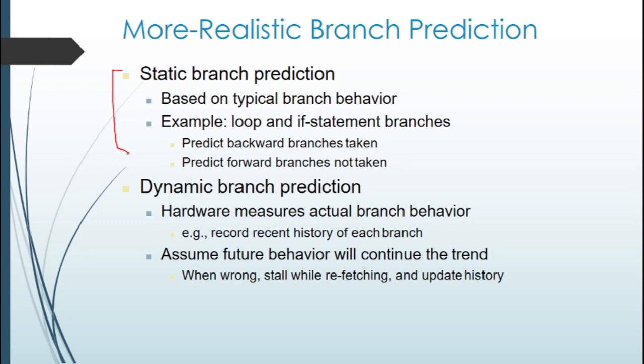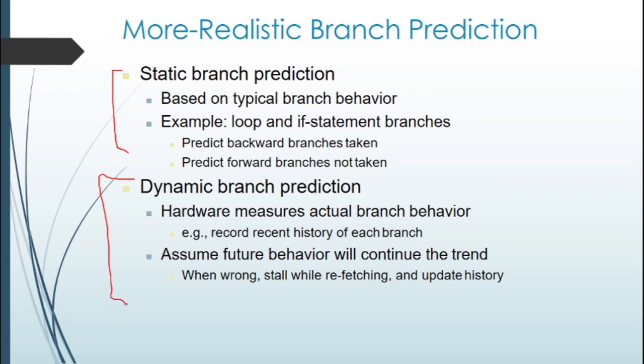type of branch behaves. Similarly, we have dynamic branch prediction, where the hardware measures the actual branch behavior. It records recent history and changes accordingly. So the prediction will change from taken to not taken by checking the history of that specific branch. If the last time it was taken, it's more likely to be taken again.